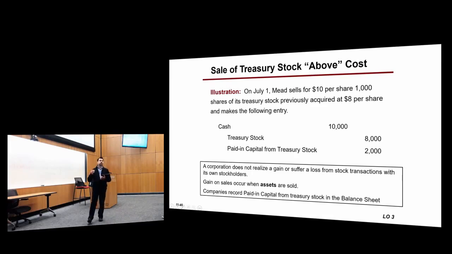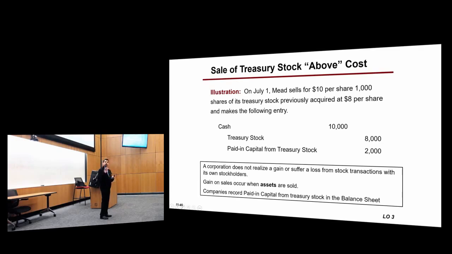So it's going to be based on how much they sold it. It's $10 per share, that's $10,000. Treasury stock was recorded at 8,000, so we credit treasury stock 8,000. The difference between the two will be credited to paid in capital. Okay?